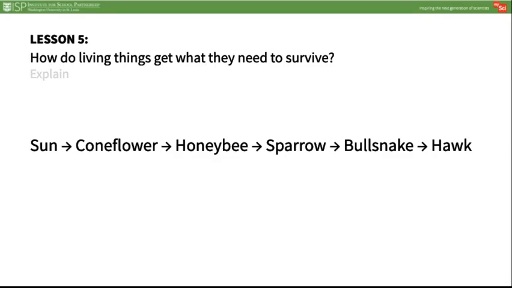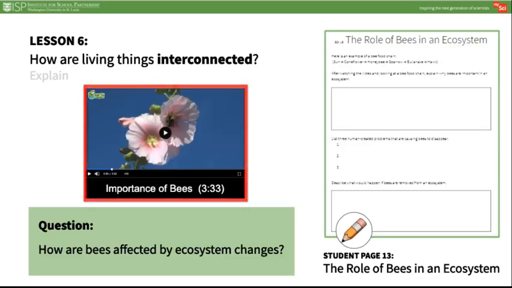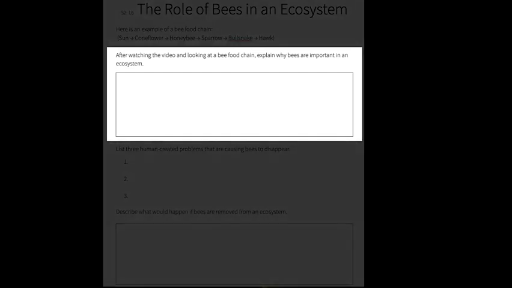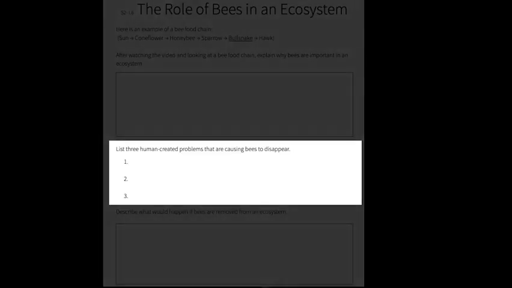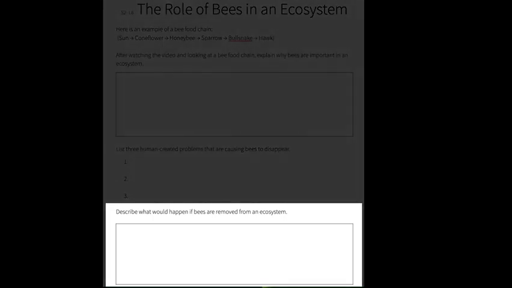Revisit the bee food chain and ask students how bees are affected by ecosystem changes. Then show this video on the importance of bees. Afterward, students will use this journal page to explain the importance of bees in a food chain, explain the effect humans have on the bee population, and what may happen in an ecosystem if the bees are removed.